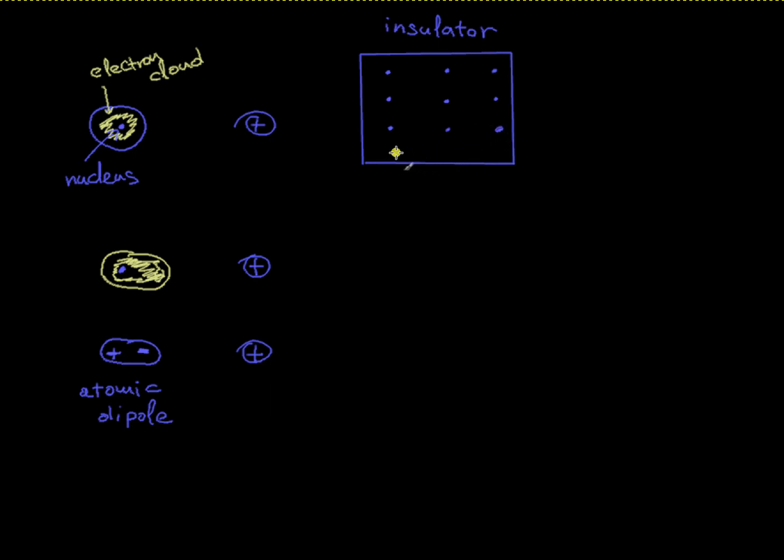Now, the presence of that external charge will end up inducing these atomic dipoles for every atom. See this? That's where the center of the electron cloud is. So this is the minus. How about I change the dots? This is my nucleus.